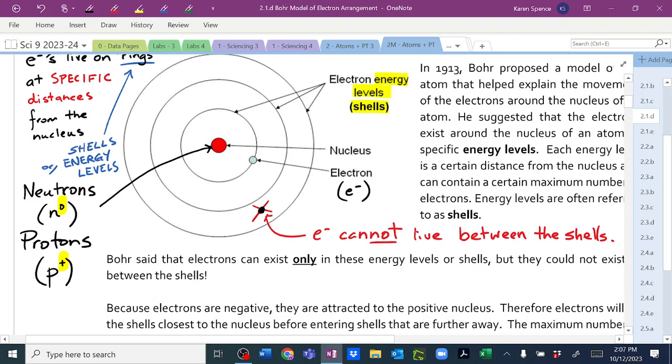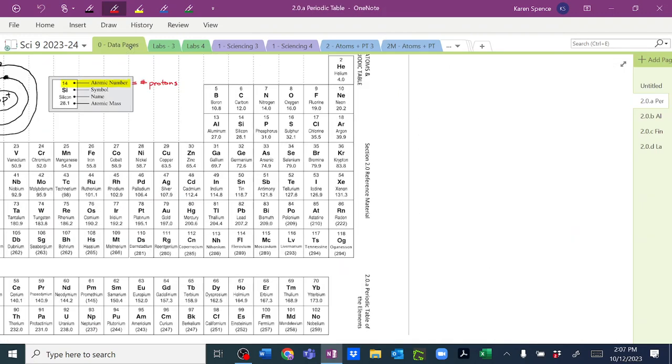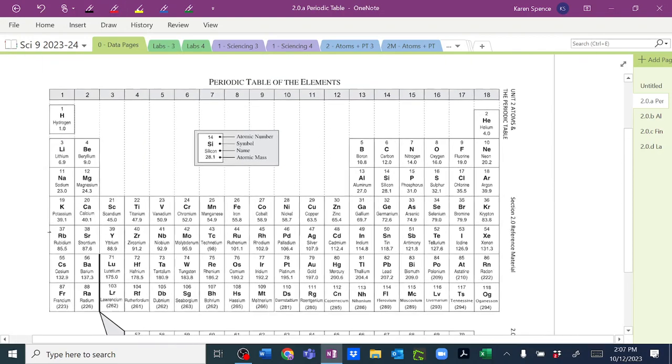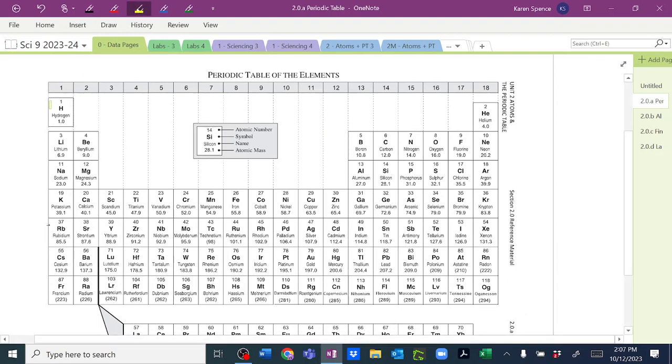And if you have trouble remembering that, here's one way you can remember it, because this is actually why it works. How many elements are in the first row of the periodic table? 2.